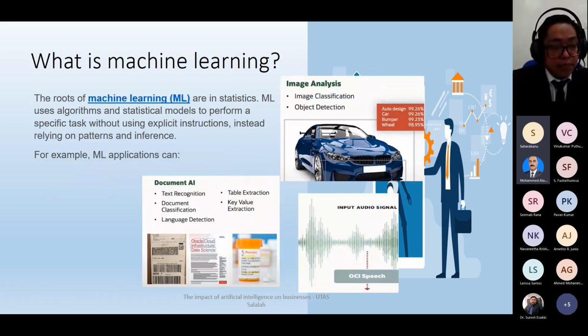Machine learning is rooted in statistics, which means ML uses fairly complex algorithms and statistical models that will perform a specific task without using explicit instructions, relying instead on patterns and inference.